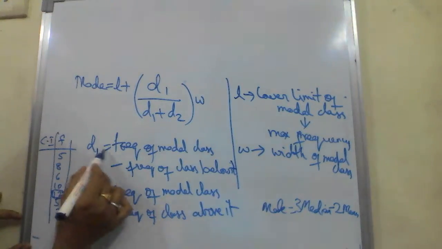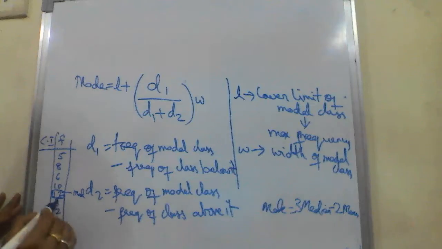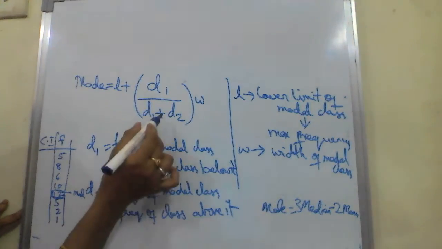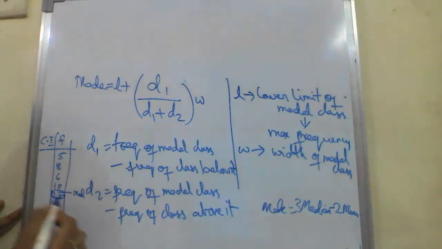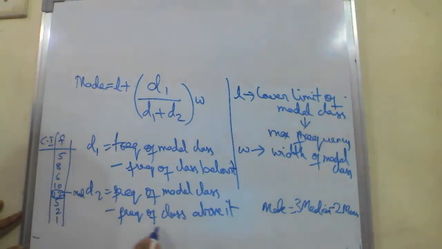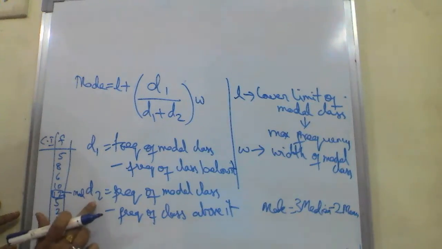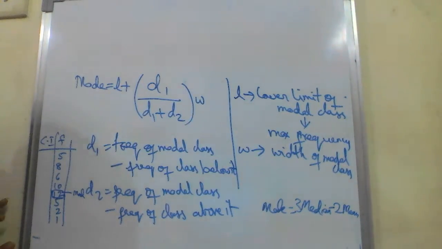D1 will be the frequency of the modal class minus the frequency of the class below it. Below is 5, so this will be 12 minus 5. In the same way, D2 will be the frequency of the modal class, that is 12, minus the frequency of the class above it, 10. That way you identify D1 and D2, and just substitute in this formula, which gives you the mode.